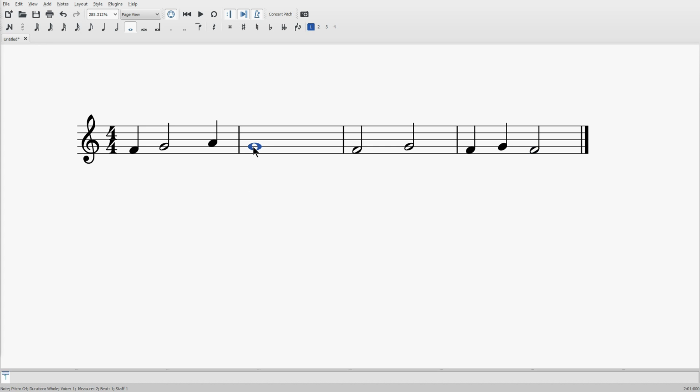Well, this one here is relatively easy. We know this is a whole note. So this note in particular must be taking up all 4 beats of this bar. So when we're playing this note, let's just play this section. 1, 2, 3, 4, off. So we'll see that that note occupies the full 4 beats of the bar.